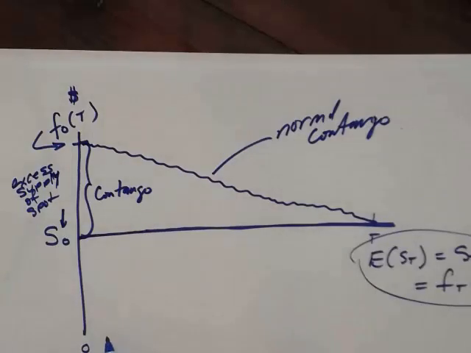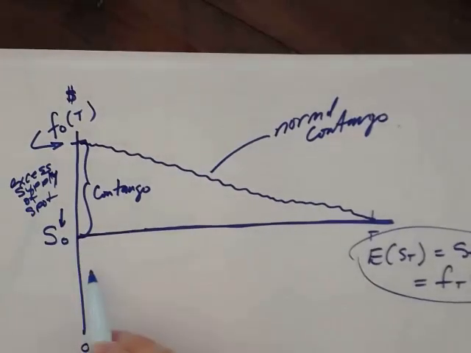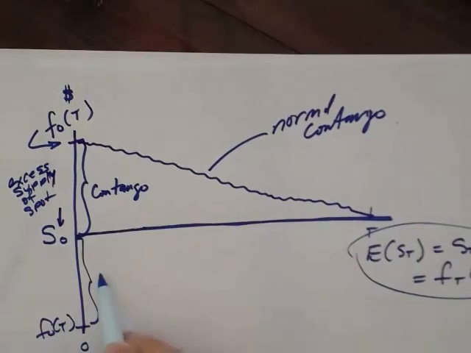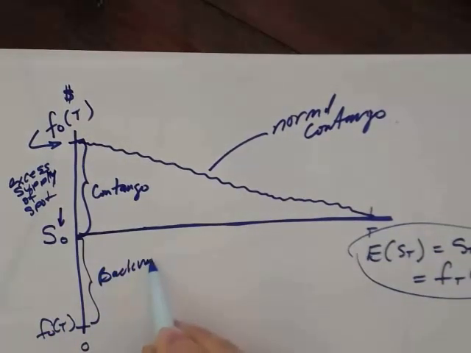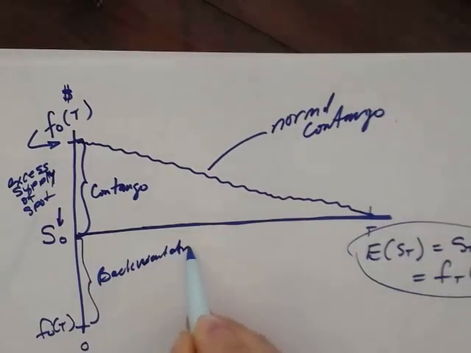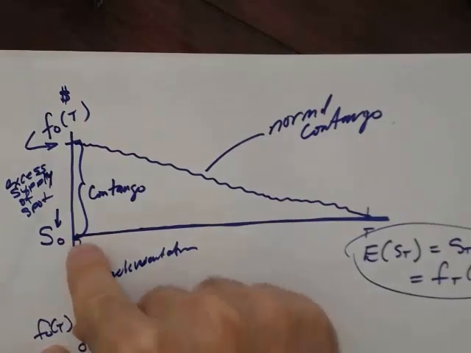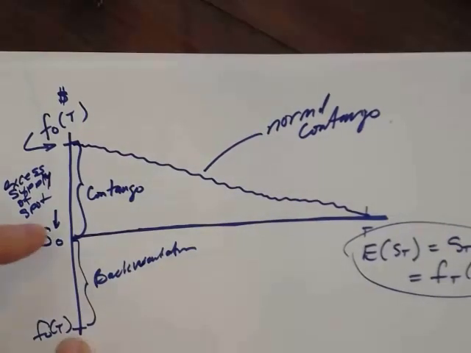Okay? So now that's contango and normal contango. Now, backwardization is when the futures price has been pushed down. So this is backwardization. The futures price has been pushed down relative to the spot. So we said that hedgers are naturally long the spot and they're shorting and pushing down the futures price. That would explain this relationship here, the spot price being above the futures.